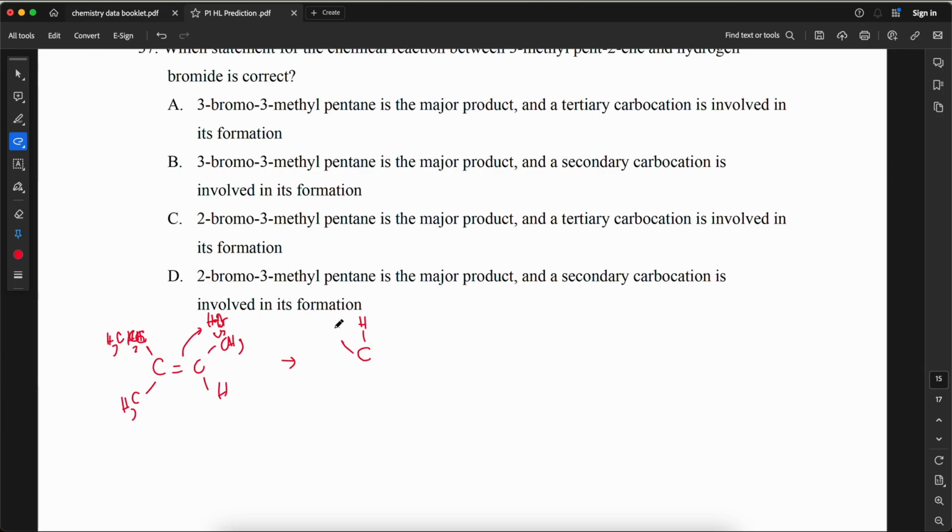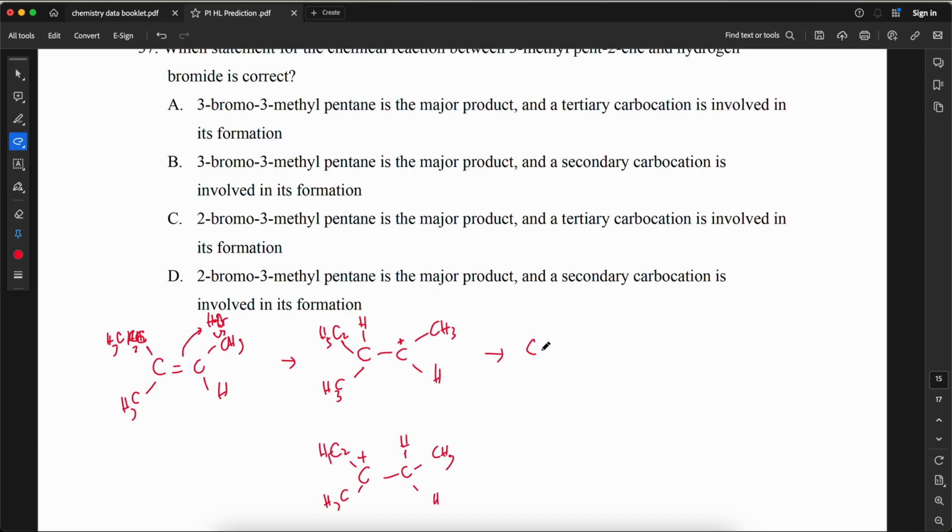I will just put C2H5, okay, and this one CH3, CH3, H. So the H will attach to the first carbon, and this one will be the carbocation, and the other one, this one will be the carbocation, and the H will attach here. So CH3, H, CH3, and C2H5.